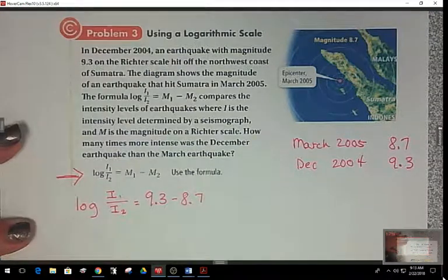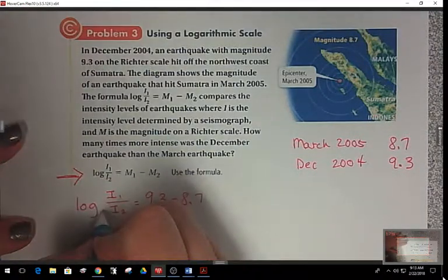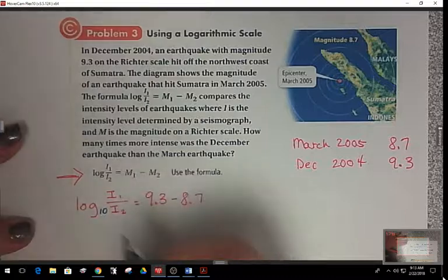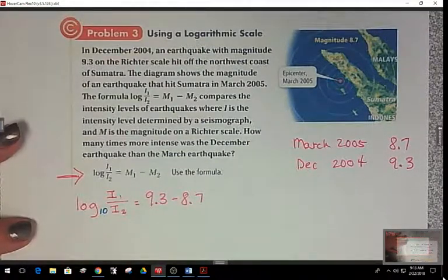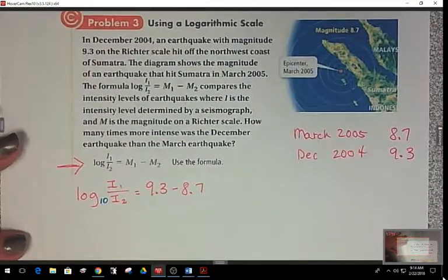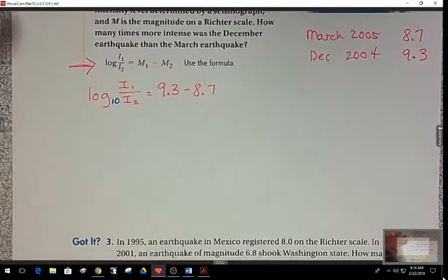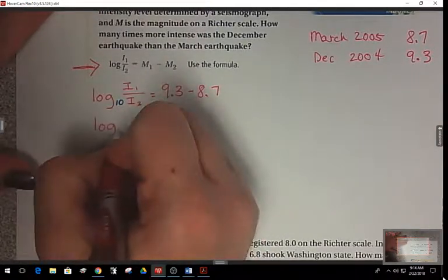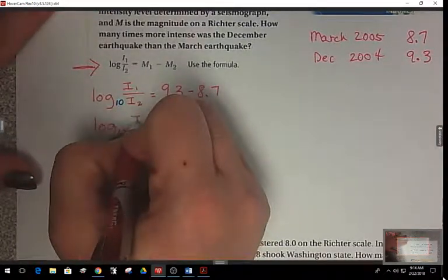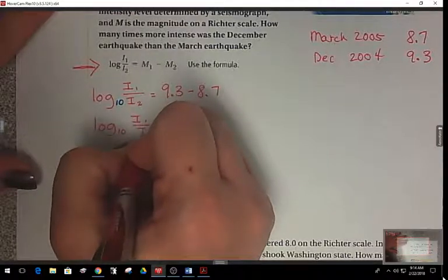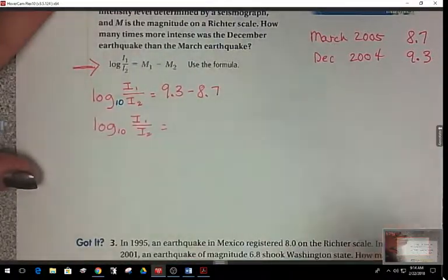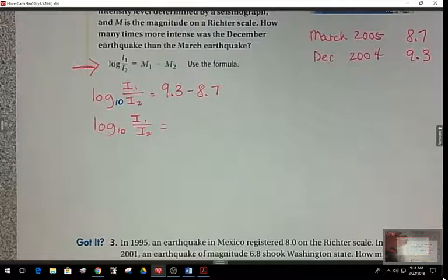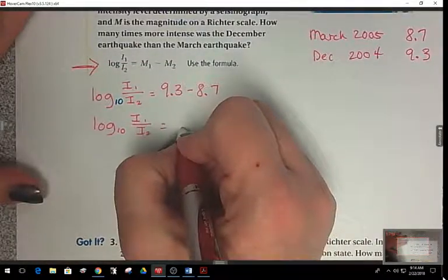So what I want you to remember while you're working this problem is that this is a base 10. The formula does not have a base for the logarithm, so it is understood to be a base 10. So now, as we work this problem, I'm going to have log base 10, I sub 1 over I sub 2, and then when I actually subtract over here, I end up with 0.6.